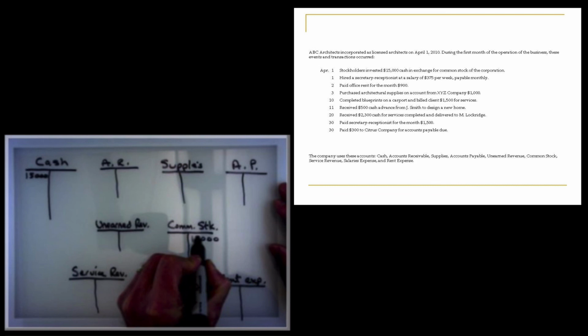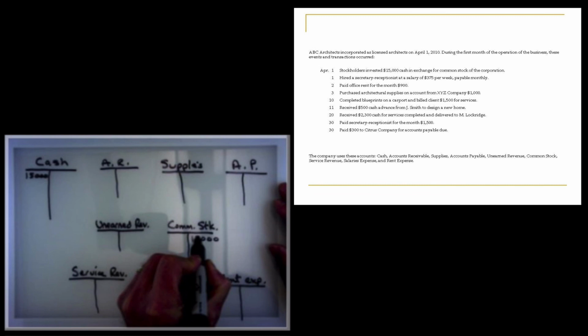So cash might be 10010, and accounts receivable might be 10020. All liabilities might begin with the letter B or the number 2, so accounts payable might be 20010, unearned revenue 20020, or whatever numbering system or classification system you come up with, as long as it's used in a consistent fashion and your people understand it. That's the main thing. Okay?